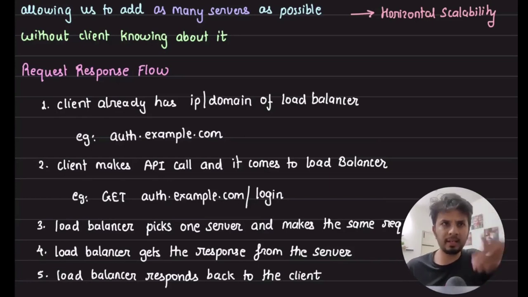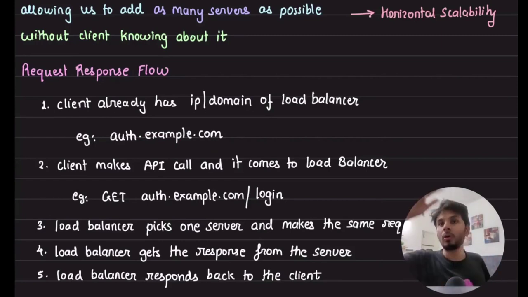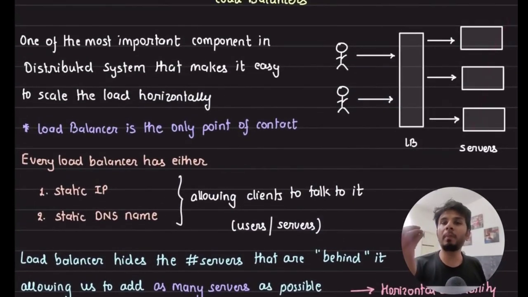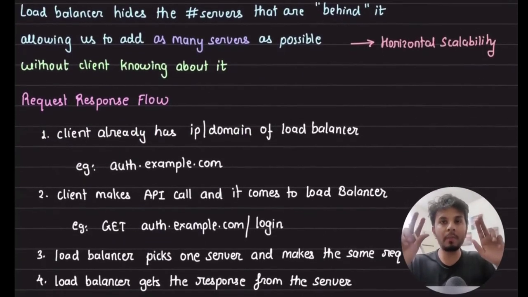Let's say the domain name of the load balancer is auth.example.com. Now it's the responsibility of the load balancer to forward the request to one of the backend servers that it has. Out of n backend servers, in this case 3, it would pick one depending on a load balancing algorithm.